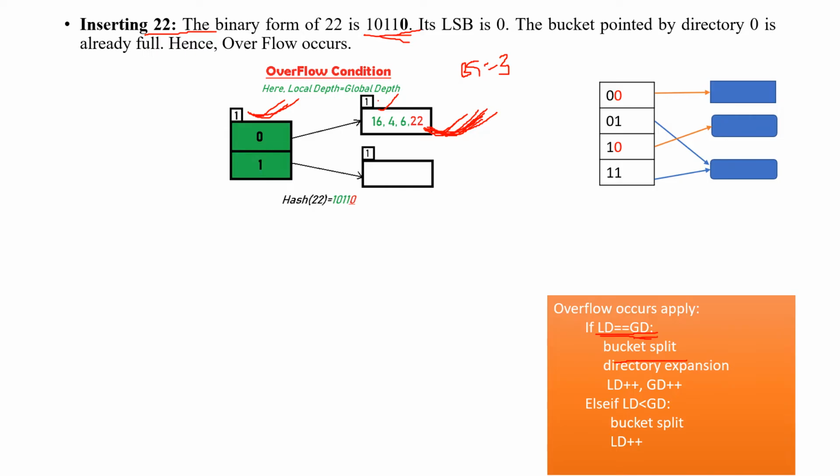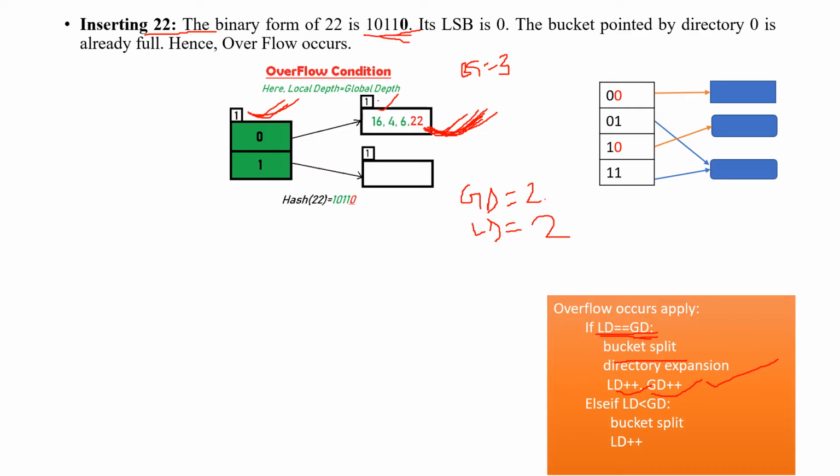You do a bucket split, you do directory expansion, and you increment the local depth of the overflowed bucket as well as the global depth. Now your global depth became 2, and the local depth of the overflowed bucket also became 2.